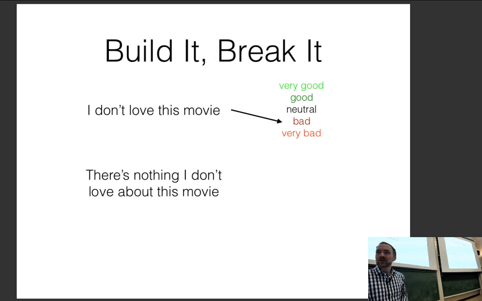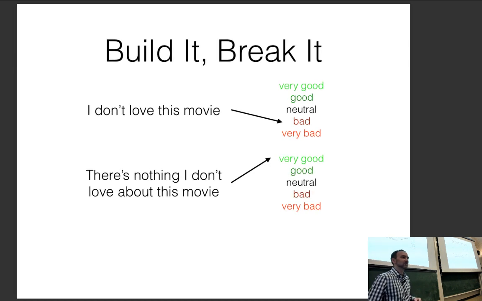Now, what about there is nothing I don't love about this movie? Very good. That's like better than I love this movie, right? It's about the highest possible praise that you have, right? But if you look at the actual words that are included here, you have love. And then if you have I don't hate this movie, for example, it varies by one word.